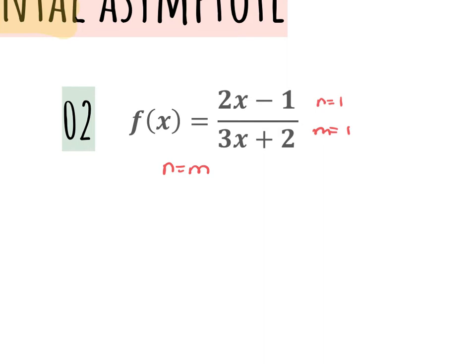So what's the leading coefficient in the numerator? 2. What's the leading coefficient in the denominator? 3. So y equals 2/3. And so we don't look at the two numbers, not when you're finding the horizontal asymptote. Those would affect my vertical because the bottom's going to be set equal to 0. And it would affect my 0 because the 0s you set your numerator. The leading coefficient is always the one with the highest exponent? Correct.